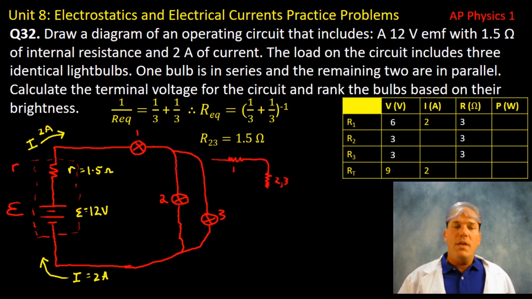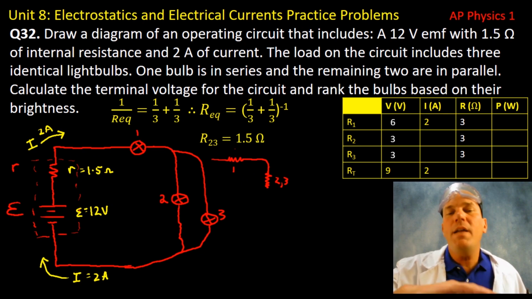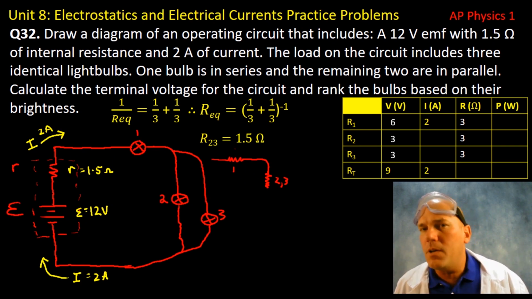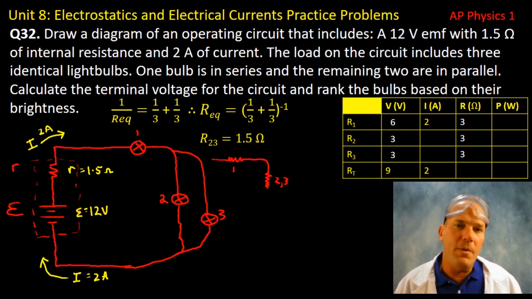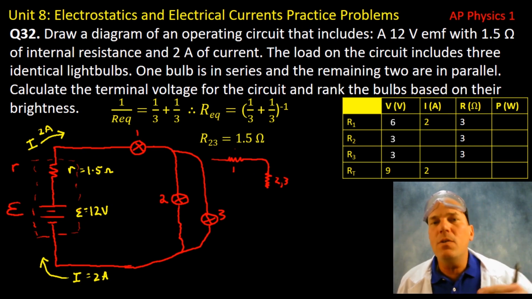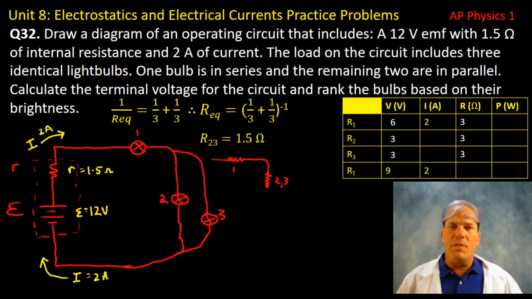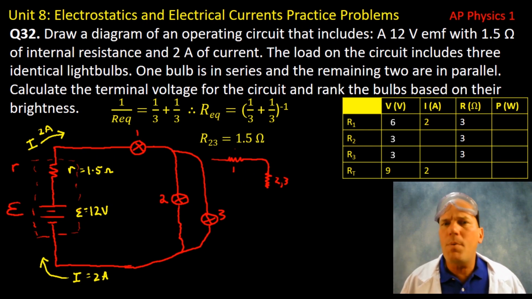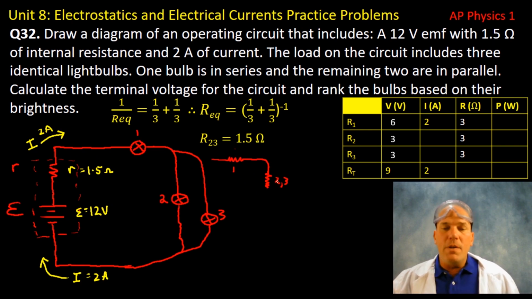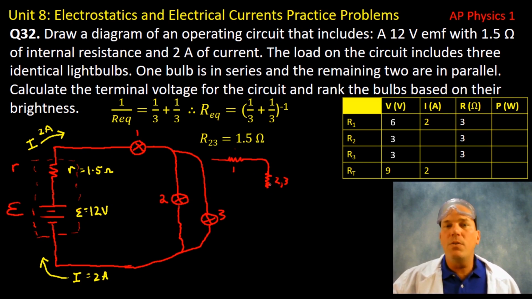Now what we need to do is go ahead and find the total resistance, which means we're going to analyze the equivalent resistance of the parallel component, which we found to be 1.5 ohms. And now we're going to add the resistance for the single light bulb in series. Oftentimes, it is very helpful to redraw part of the circuit, as I've done here, showing that we have our original light bulb, and then now this parallel branch has been replaced with an equivalent resistance denoted 2,3.